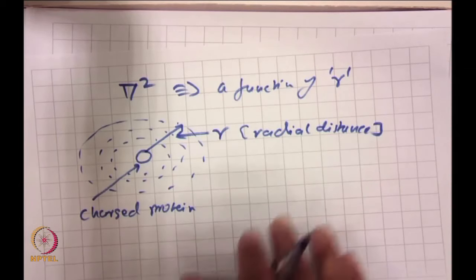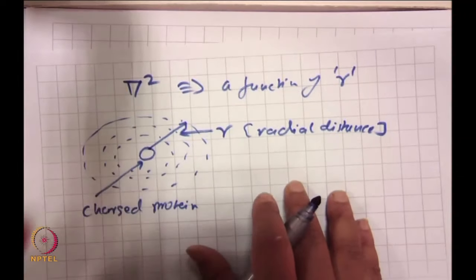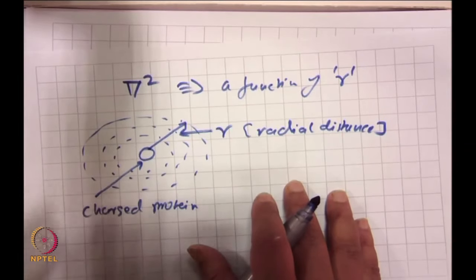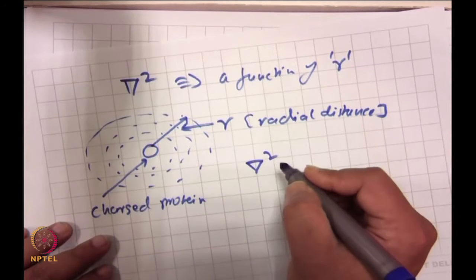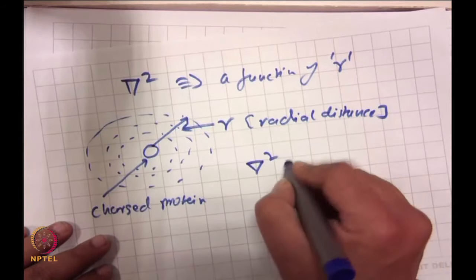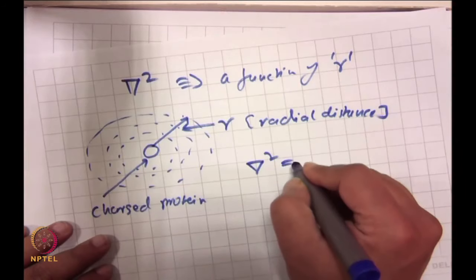This helps us simplify the problem a little bit. How? If I consider a spherically distributed uniform charge potential, then I can write del squared.